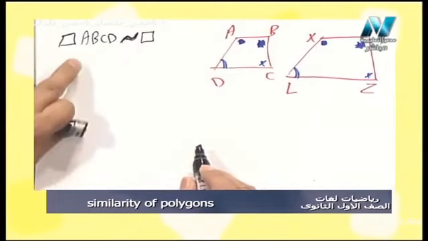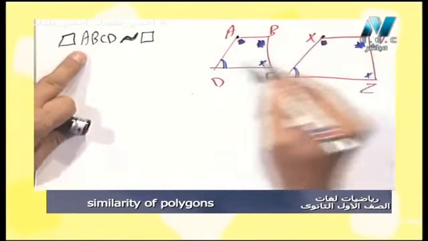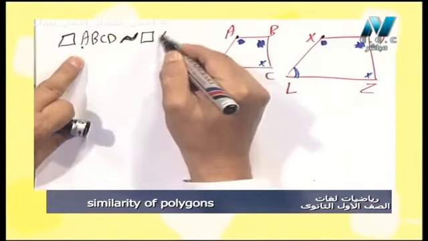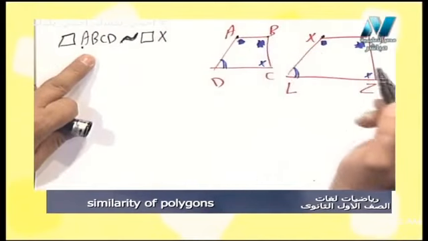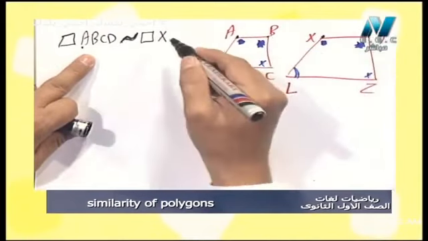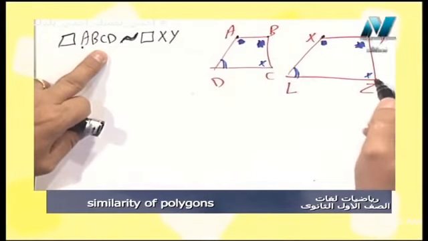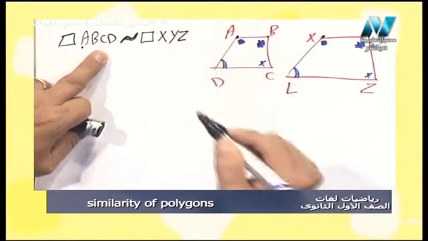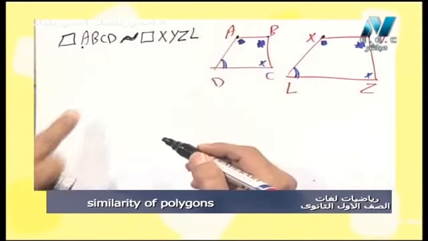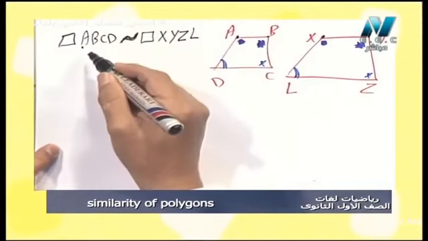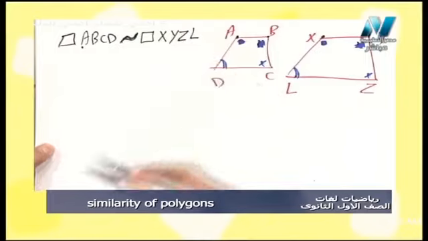Look carefully: A corresponds to X, so we write X. B corresponds to Y, so we write Y. C corresponds to Z, so we write Z. D corresponds to L, so it's L. And we have quad ABCD is similar to quad XYZL.